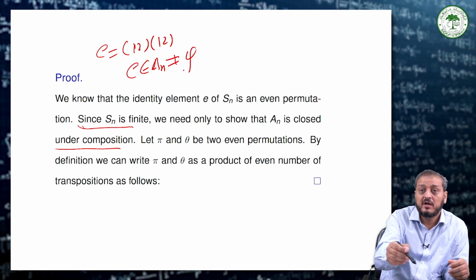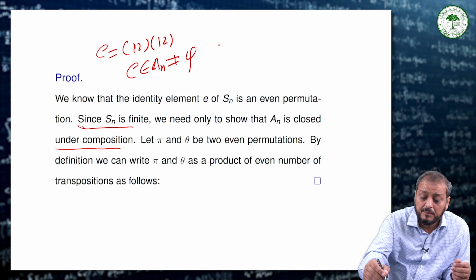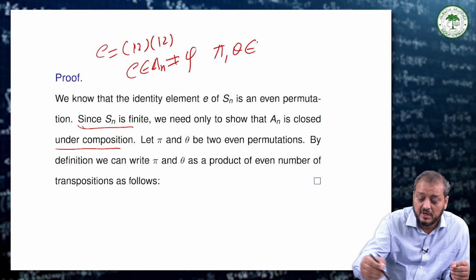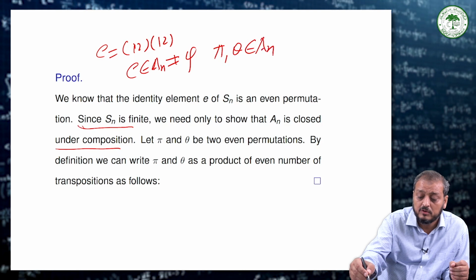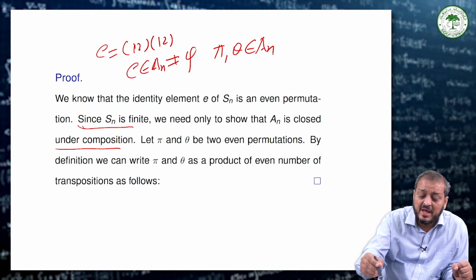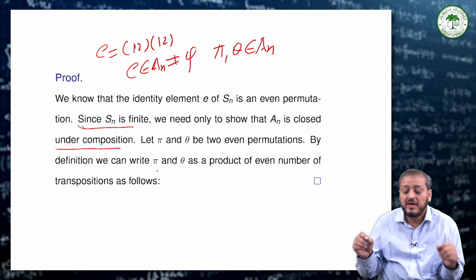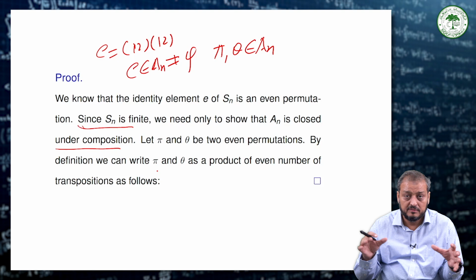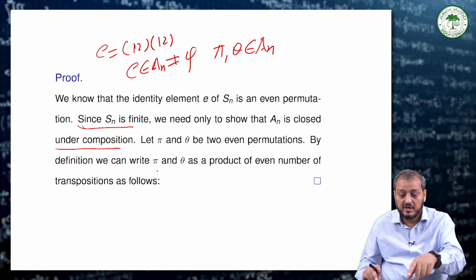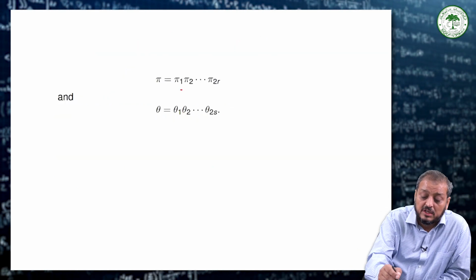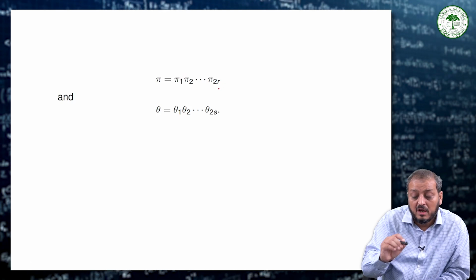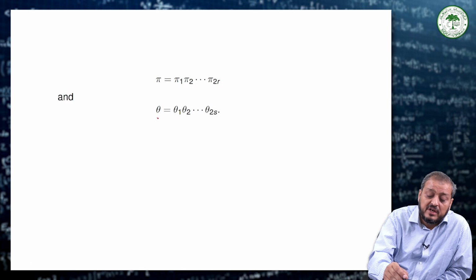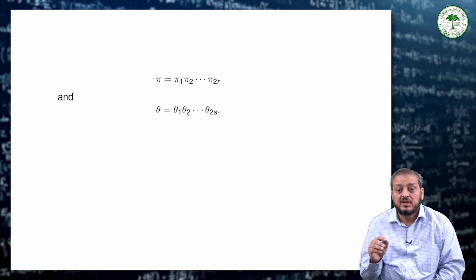Now, we have to show closure. Let pi and theta be two even permutations, that means they belong to An. Then we can write theta and pi as a product of an even number of transpositions. So, we can write pi as pi 1 pi 2 up to pi 2r, and theta can be written as theta 1 theta 2 up to theta 2s.